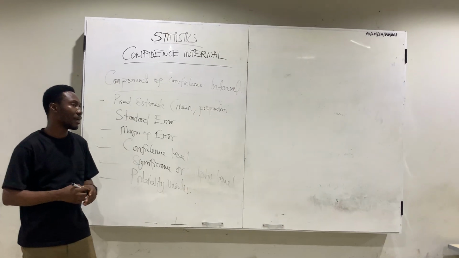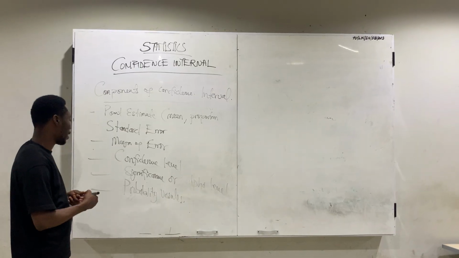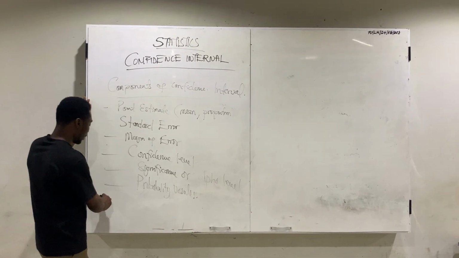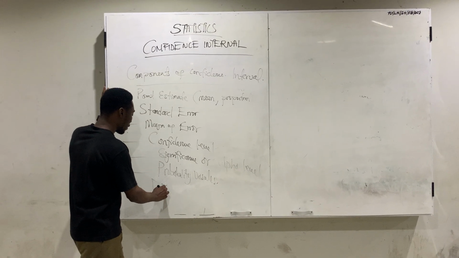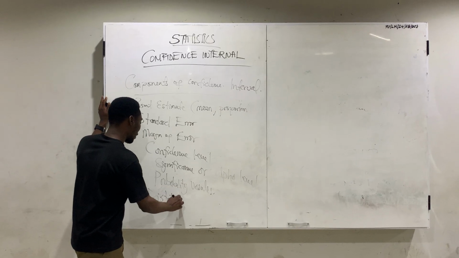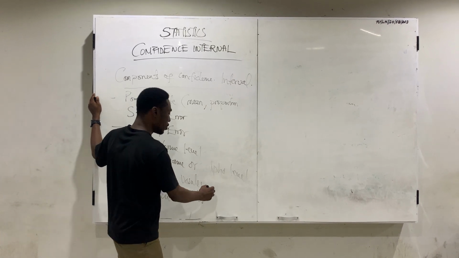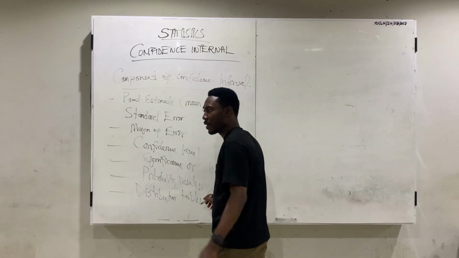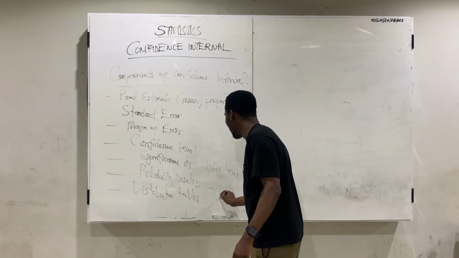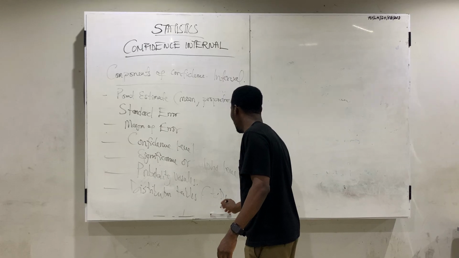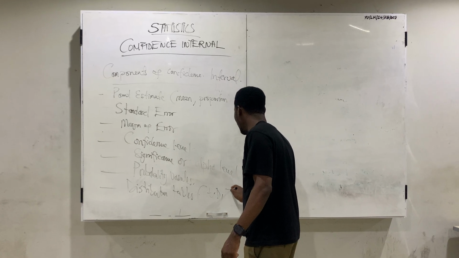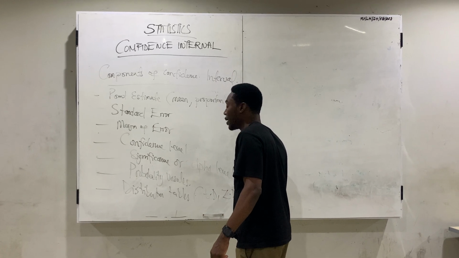Is that okay? When you are doing confidence interval, you are also going to use distribution tables. You are going to use the T distribution, and you are also going to use the Z distribution table.